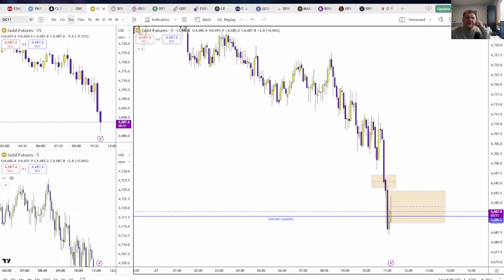Free distribution inversion. Nope, never heard of it. It's not an ICT term, that's for sure. What is that?